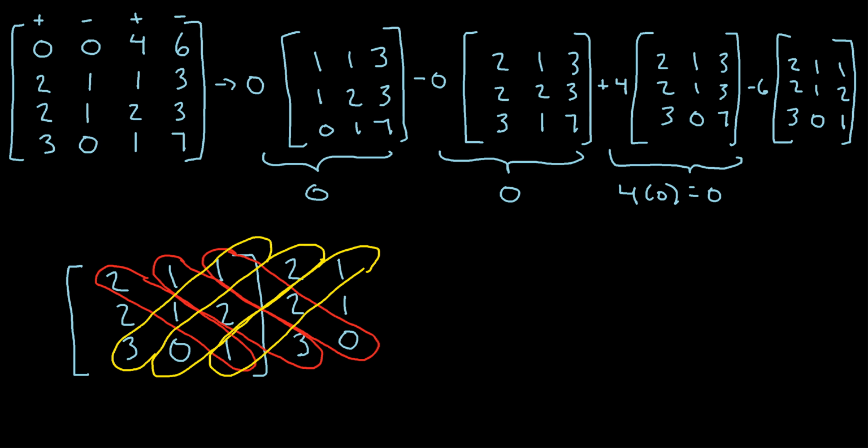So we get 2 times 1, that's 2, plus 1 times 2 times 3, that's 6, plus 1 times 2 times 0, that's 0. And then we have minus 1 times 2 times 1, that's 2, plus 2 times 2 times 0 is 0, plus 1 times 1 times 3 is 3.